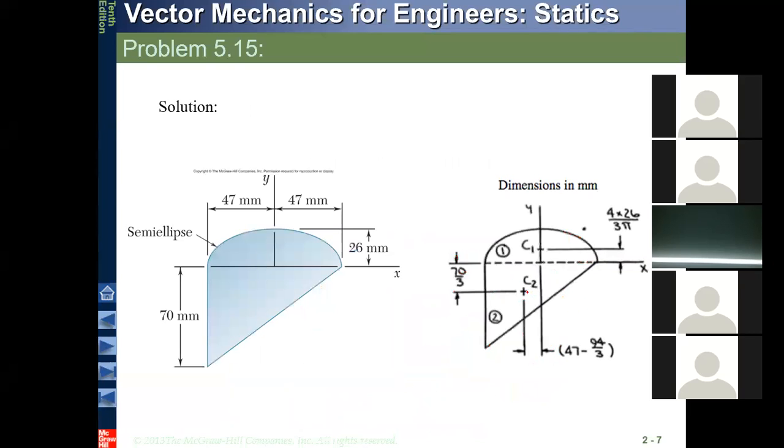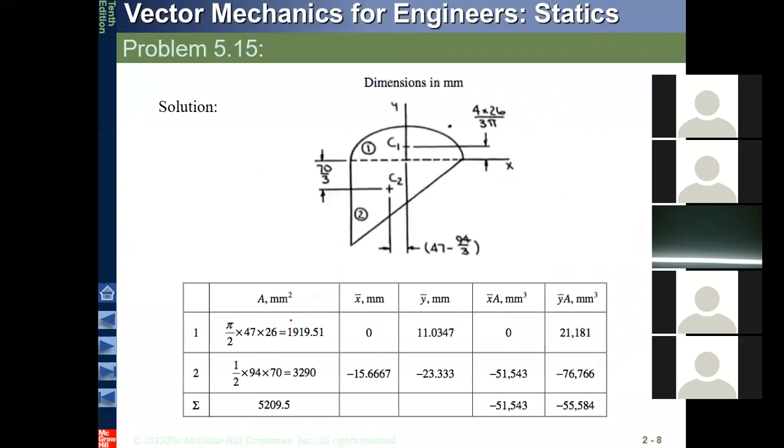You calculate the distance of the centroid from each axis. C1 lies on the axis of symmetry because the ellipse is symmetrical with respect to the y-axis, and C2 is also calculated.